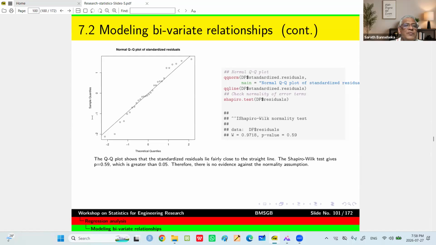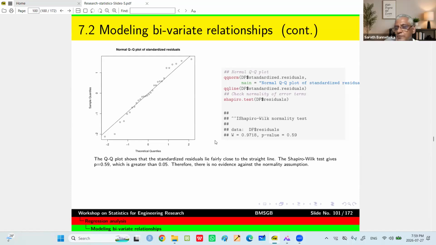What we have here are the sample quantiles of the residuals plotted versus the theoretical quantiles of a normal distribution. So if the residuals are normally distributed, sample quantiles should be approximately close to the theoretical quantiles of a normal distribution. So this line actually shows the sample quantile equal to theoretical quantile line.